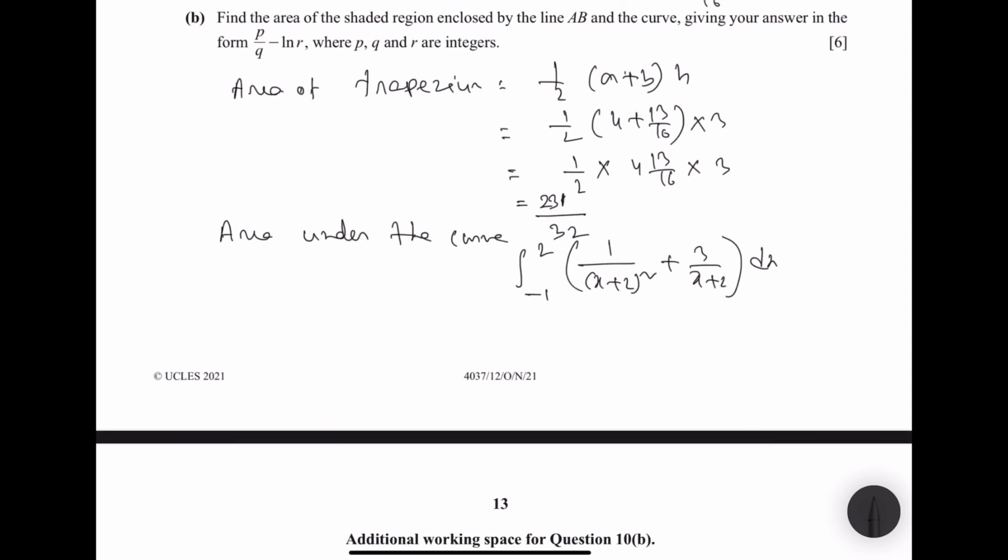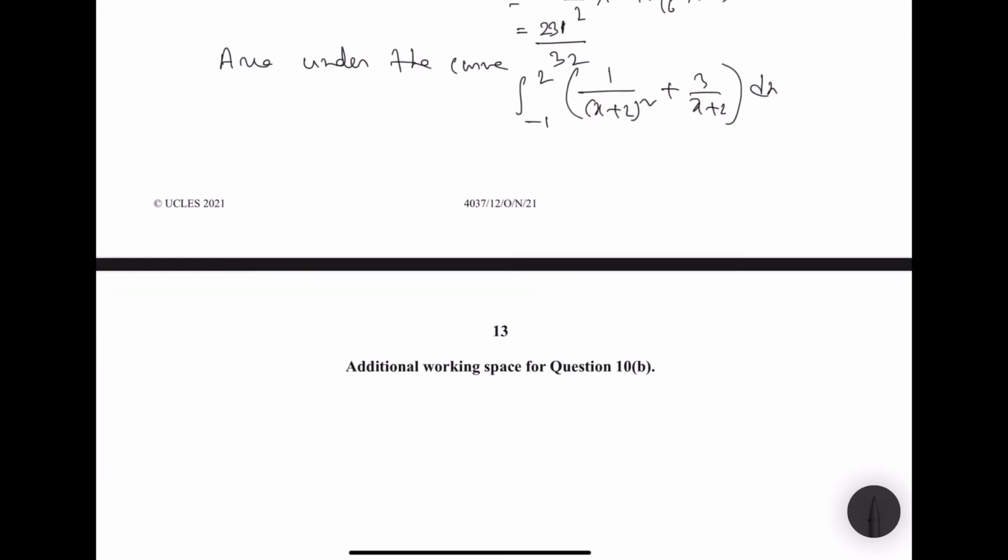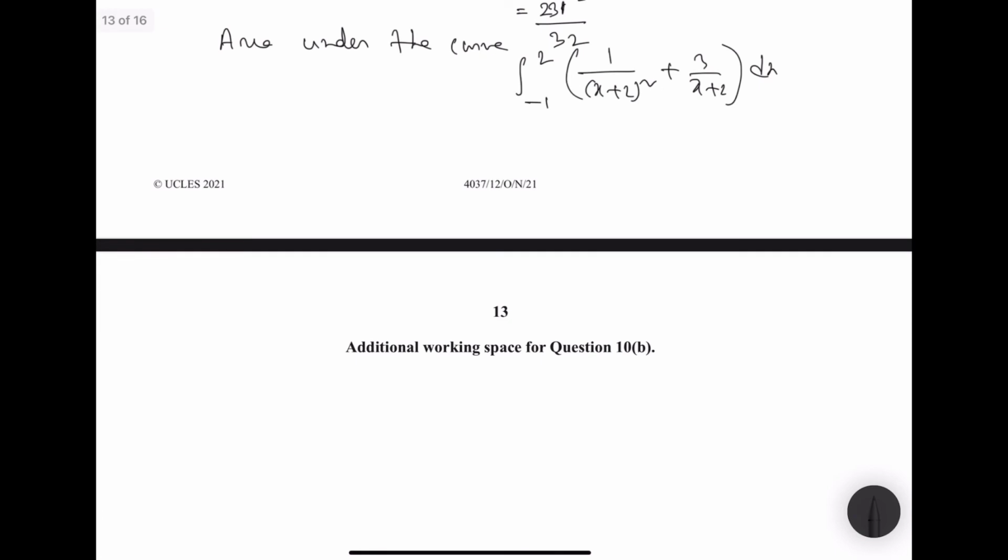Now let me simplify this one. You can write it on the next page. Integration from minus 1 to 2, then I can write it here as (x plus 2) to the power minus 2 plus, let me keep it as it is.